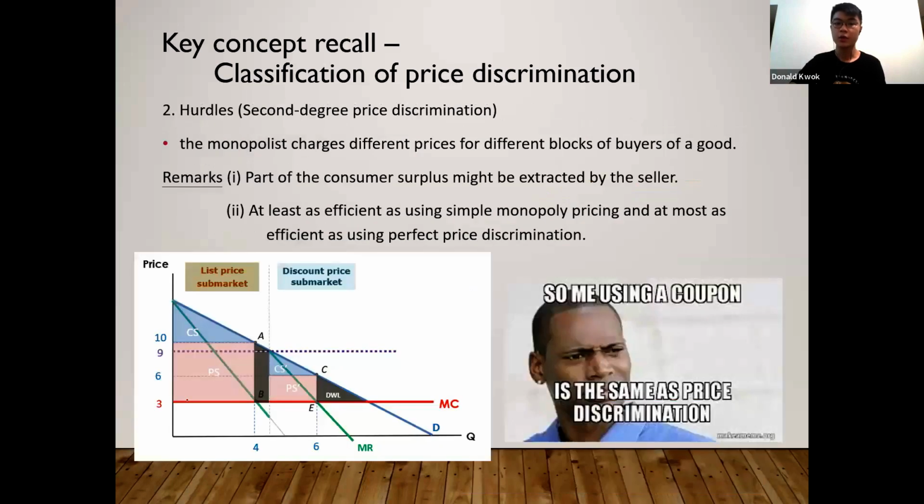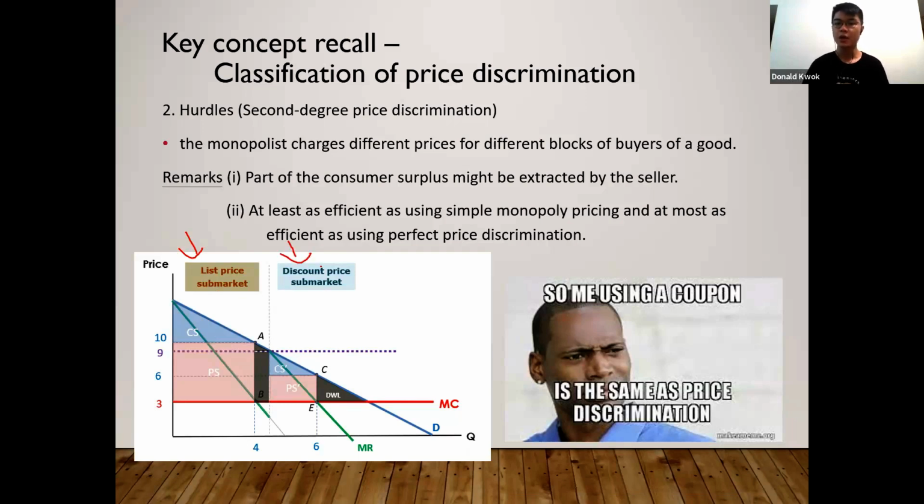And the next one is hurdles, or we also say second-degree price discrimination. The firm is charging different prices for different blocks of buyers of a good. Referring to the diagram below, the whole market is divided into submarkets, let's say the list price submarket and the discount price submarket.